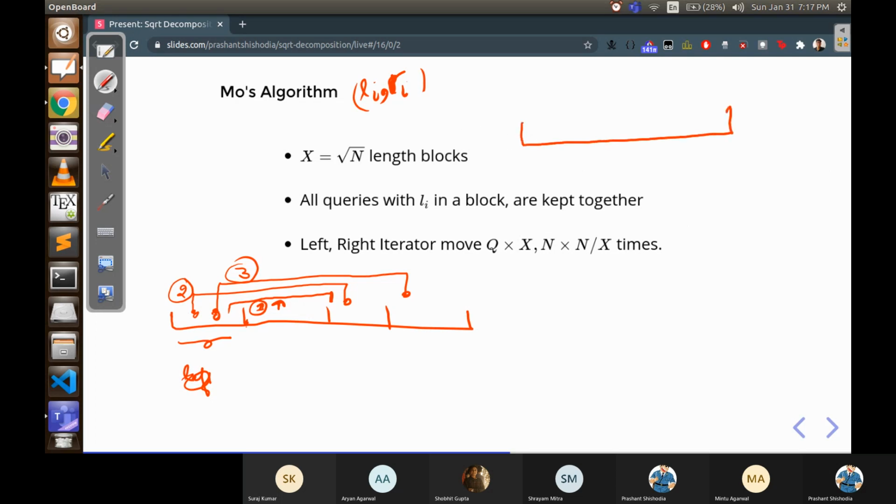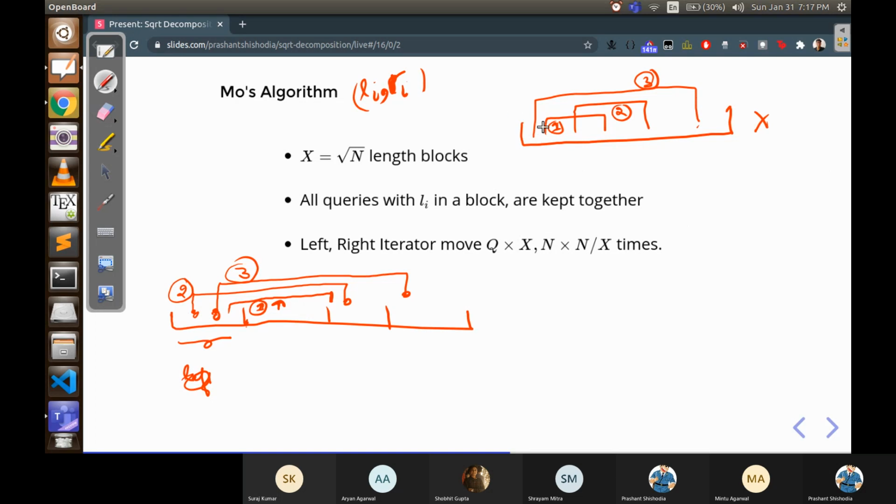To give you a recap, suppose there is an array, and there are many segments here whose right end is sorted. So this one is first, this one is second, this one is third, and the block size is x.